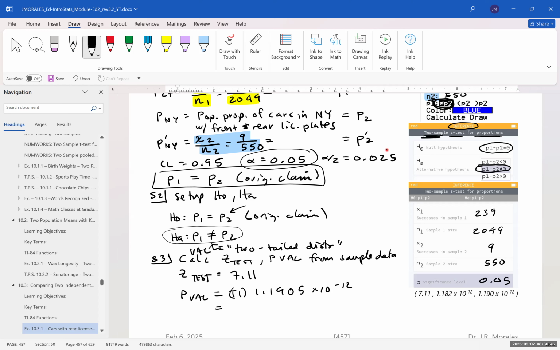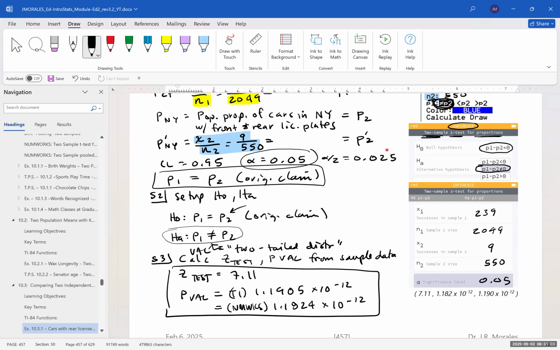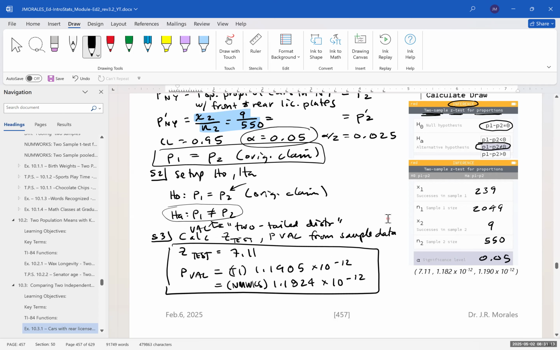And on the NumWorks, we've got 1.1824 approximately, also times 10 to the minus 12. So those are two ridiculously small areas because of that 10 to the minus 12. So I think now we can move on to step 4, which is to sketch our distribution.